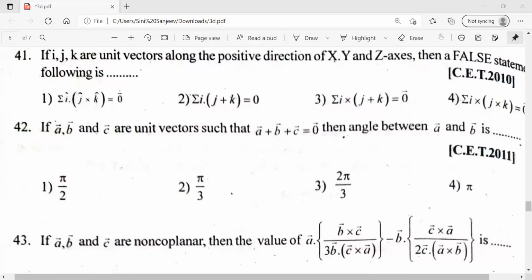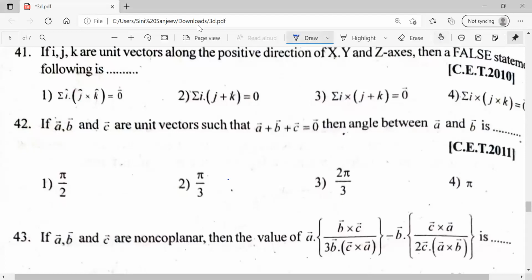So now I think everyone can try the 40-second question. Question number 42. Try this one, everyone.